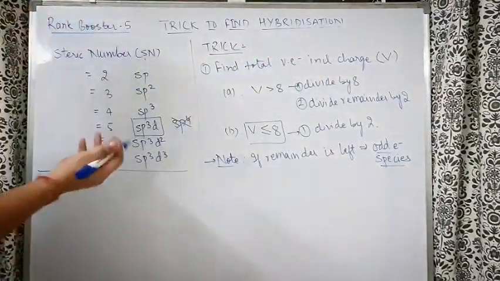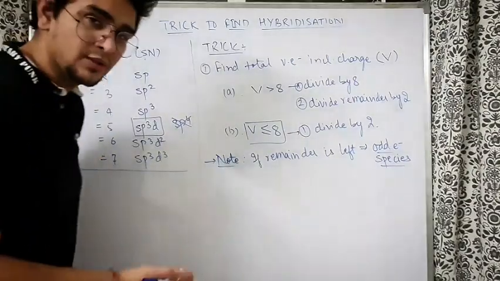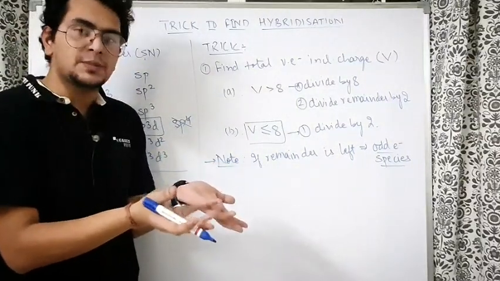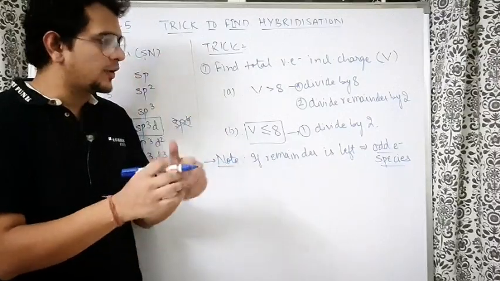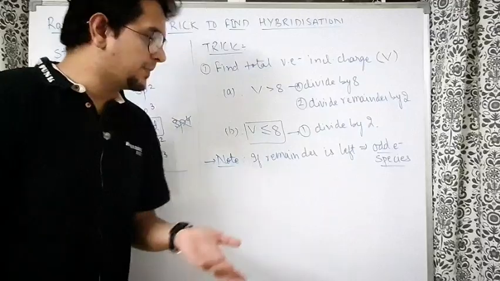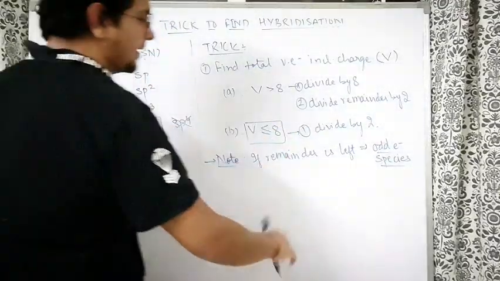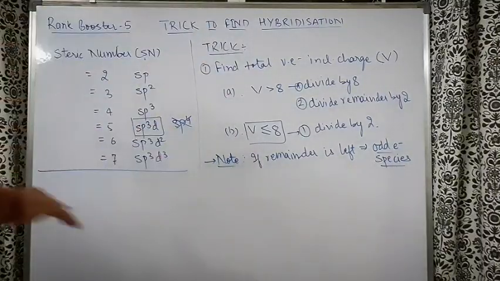Obviously, you will not use this technique for finding odd electron species, because for that you can simply add the valence electrons. If the total valence electron is an odd number, it is an odd electron species; if even, an even electron species. But anyway, if one remainder is left, then bhaiya it is an odd electron species. So this is the trick for finding the hybridization for any specific compound.